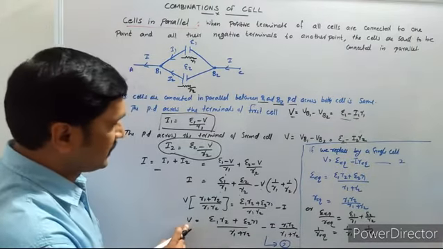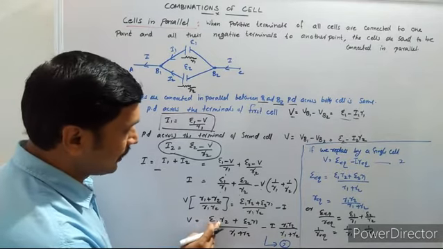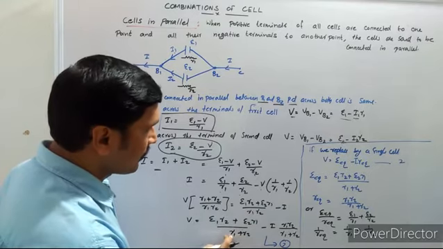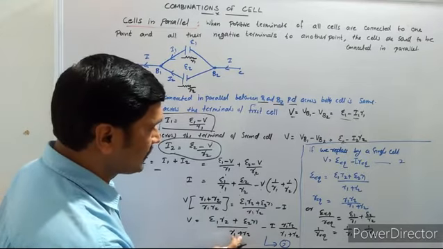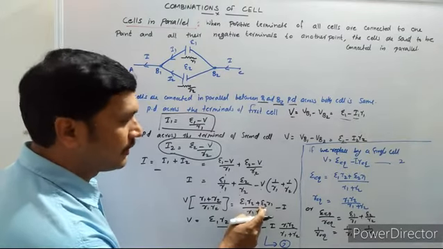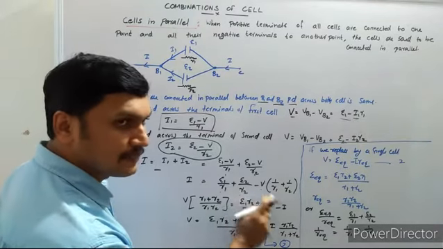So we can write V is equal to (E1 R2 plus E2 R1) divided by (R1 plus R2).